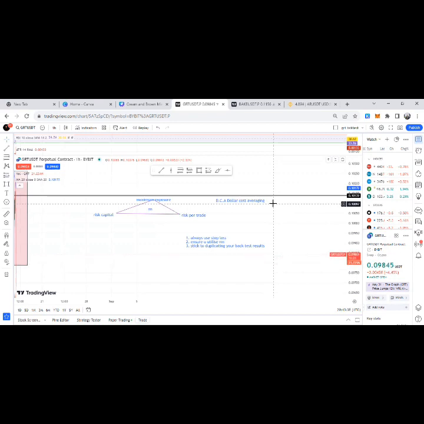Because what it means is that, let's say you want to enter a futures trade. You do not enter with your whole $100. Okay? You can divide that into 3 parts or 4 parts. If you divide $100 into 4 parts, you first enter with $25.